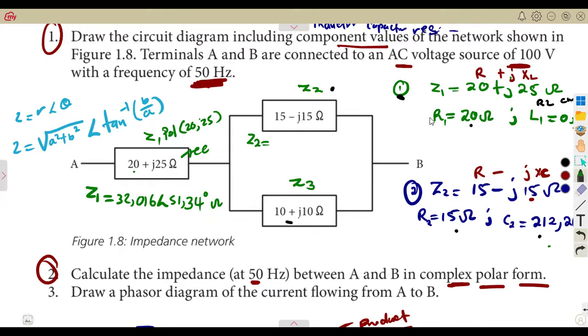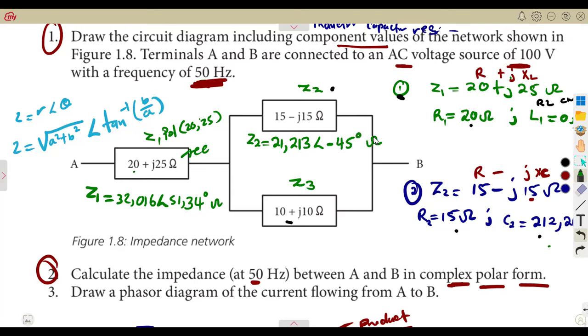That gives us 21.213, then the angle is negative 45 degrees.